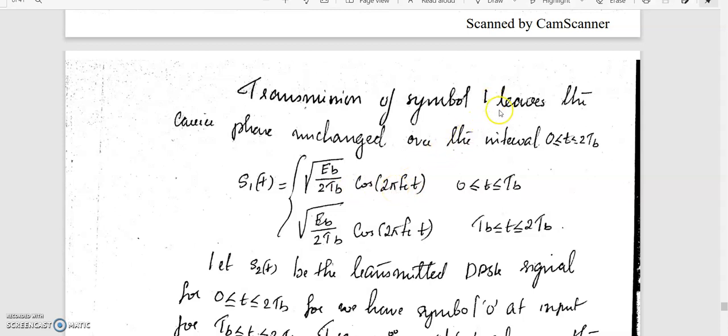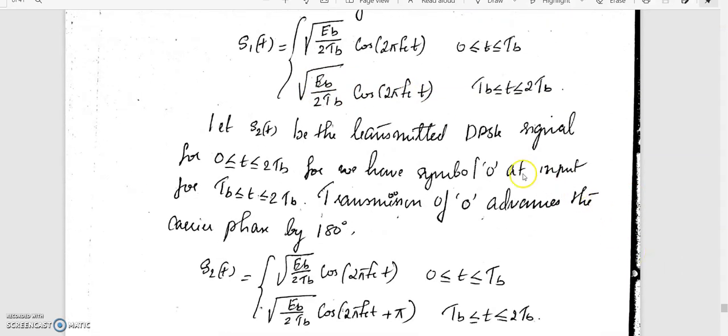When I have a symbol 1, I leave the carrier phase unchanged, so the same signal will be transmitted for the next time duration as well. So for TB to 2 TB, again I have root of EB by 2 TB into cos 2 pi fc t.